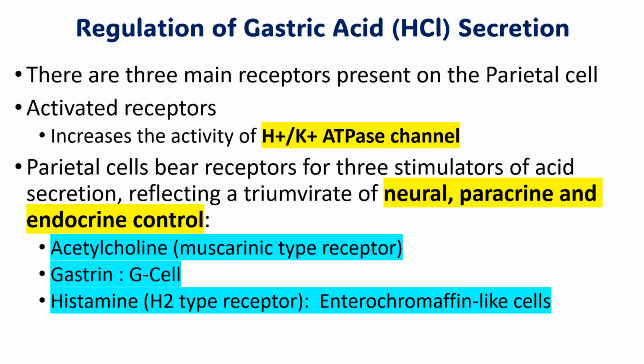If you see the examples, whenever histamine concentration is very low, it is normally coming from the mast cells. It comes into the gastric mucosa and only weakly stimulates acid production, so only a small amount of HCl will be produced. Similarly, if you have a small amount of acetylcholine, only a small amount of HCl will be produced.